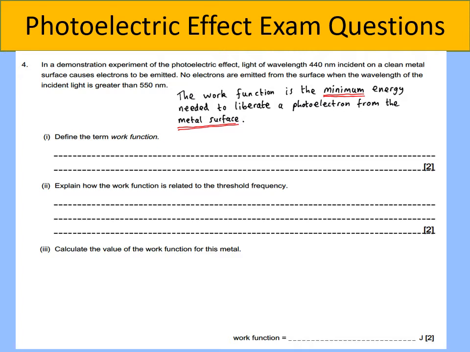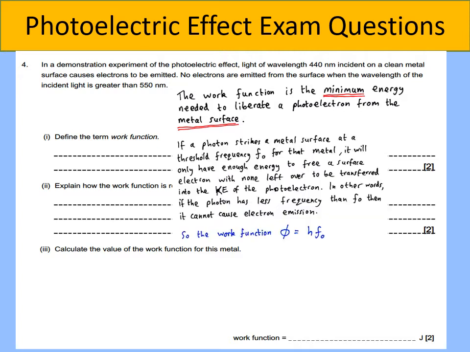Part 2 says explain how the work function is related to the threshold frequency. So if a photon strikes a metal surface at a threshold frequency f0 for that particular metal, it will only have enough energy to free a surface electron with none left over to be transferred into the kinetic energy of the photoelectron.